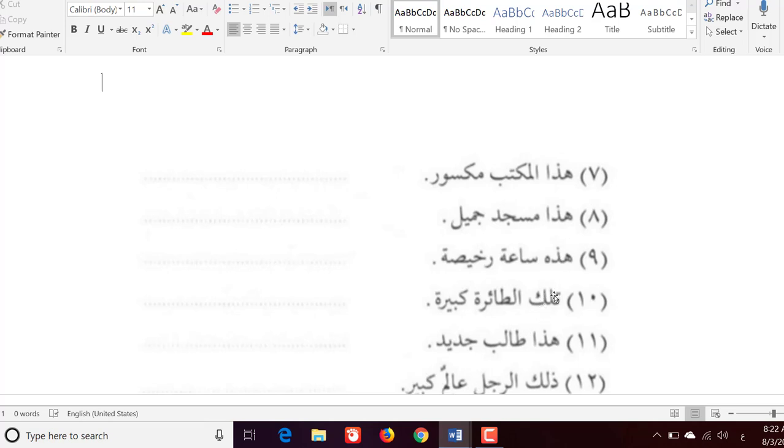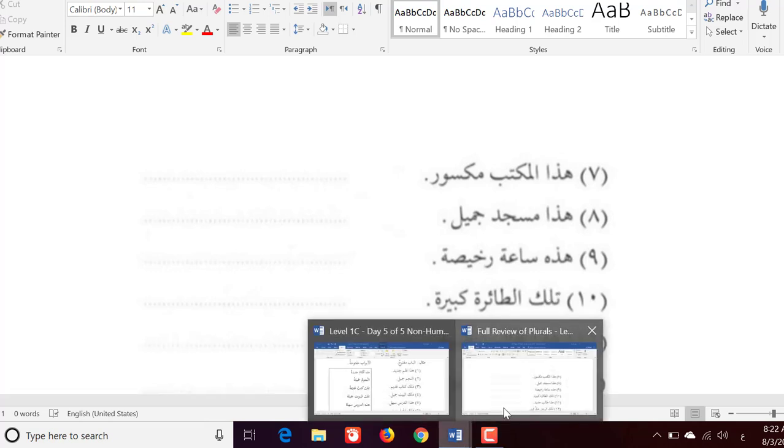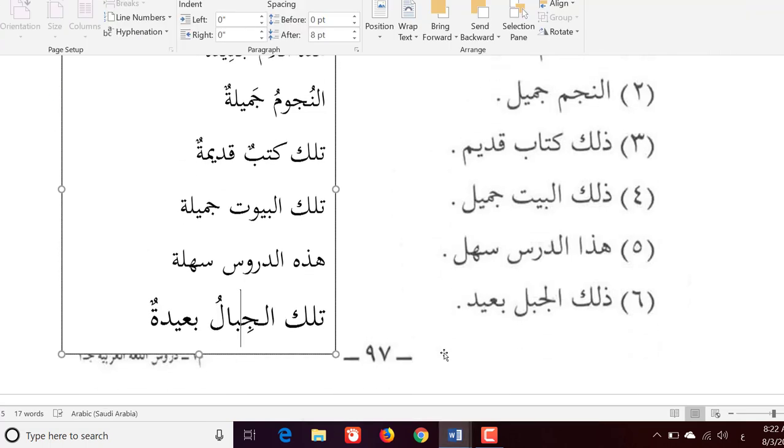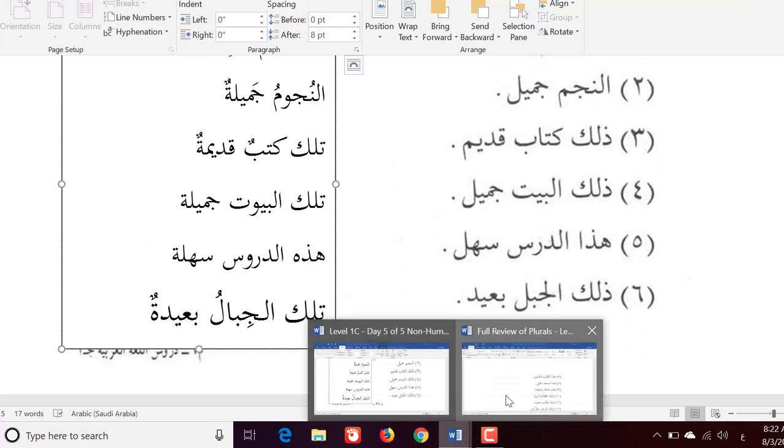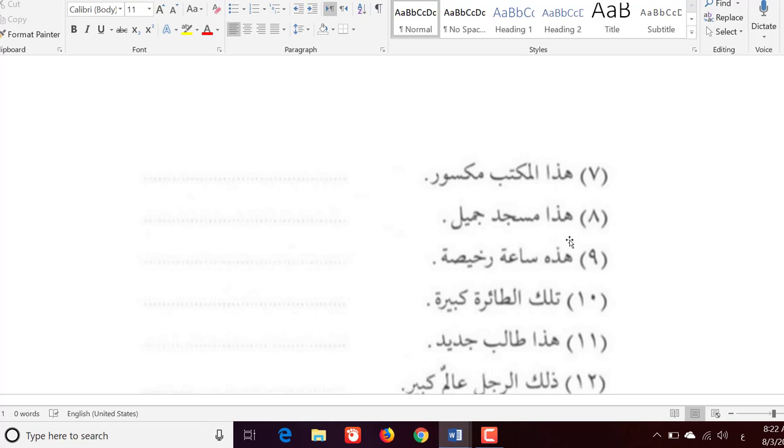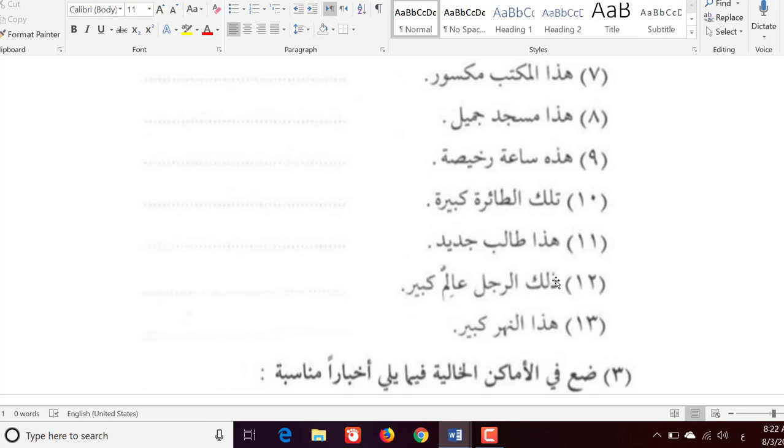Okay, so this is a continuation of where we left off. The exercise that we stopped at was number 7 or number 6. So you'll continue here with number 7. Same thing. Change these to plurals and then try to translate them properly, based on how we did it. That way I can see if you're distinguishing between the bedel or the appositive and the adjective.